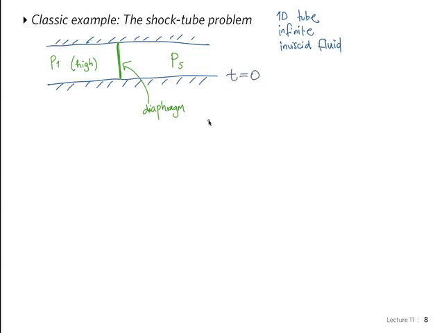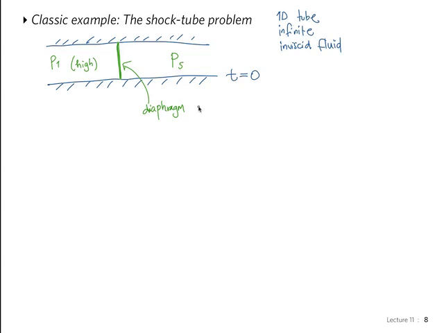And at this point, the diaphragm is instantaneously removed. In fact, this is done experimentally. The shock tubes have some sort of very thin sheet of metal, and with a small explosion, they're burst so that you have an experimental approximation to this problem.